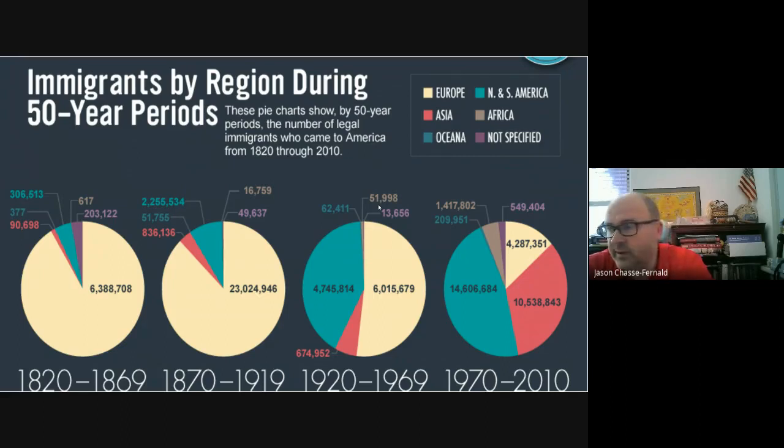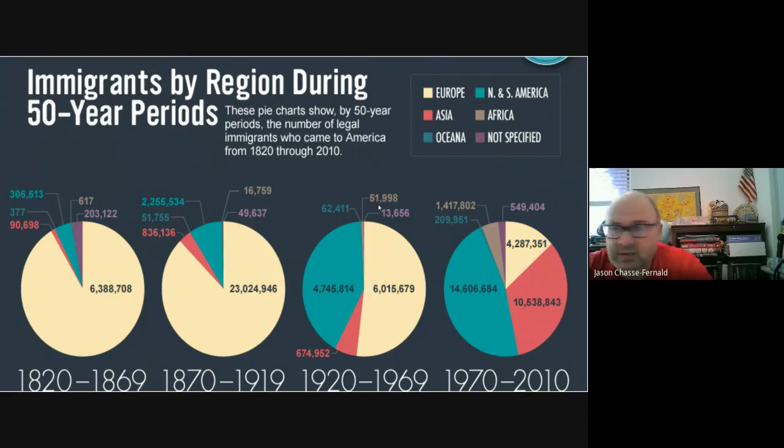From 1820 to just shortly after the Civil War in 69, from 1870 up until the end of World War I, and then from 1920 to 69. And then from 1970 to present, or from 2010, I guess.